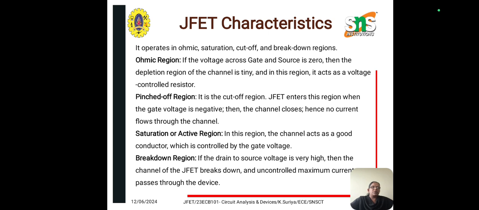Next one is the active or saturation region. In this region, the channel acts as a good conductor which is controlled by the gate voltage. Breakdown region: when the drain to source voltage is very high, the channel of the JFET breaks down and uncontrolled maximum current passes through the device.